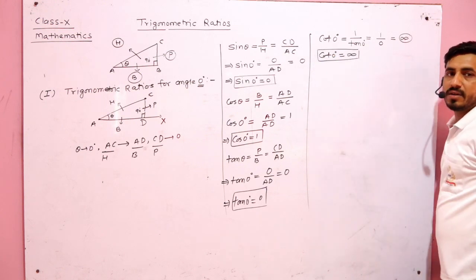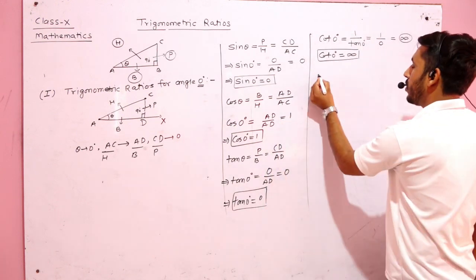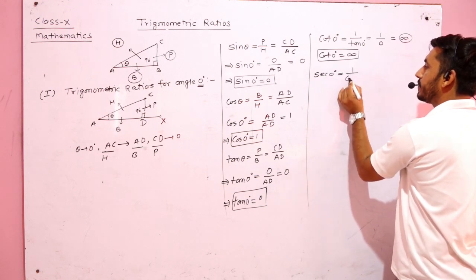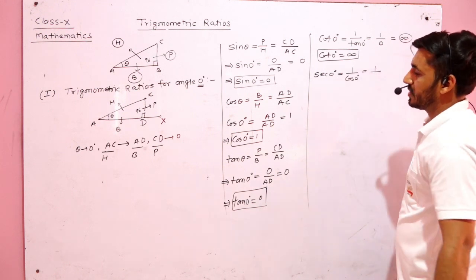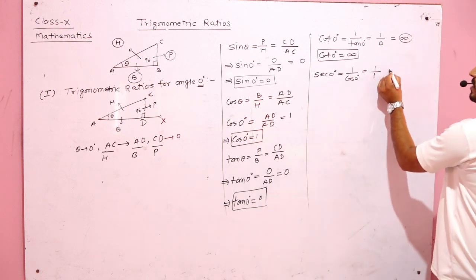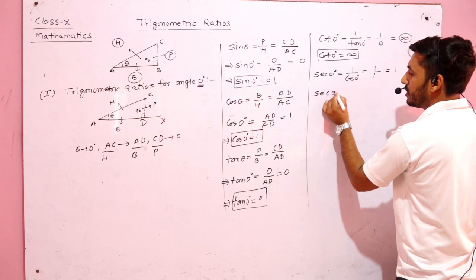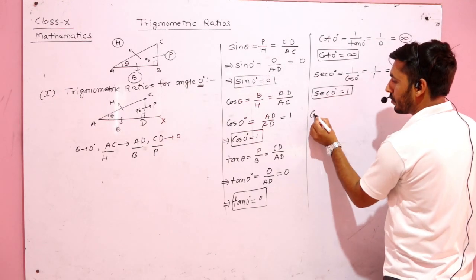In the next condition we will find the value of sec 0 degree. As we know, sec 0 degree is the opposite of cos 0 degree. The obtained value will be 1 upon the value of cos 0 degree, which is equal to 1. Then 1 by 1 is 1, so sec 0 degree is 1. The last one, cosec 0.